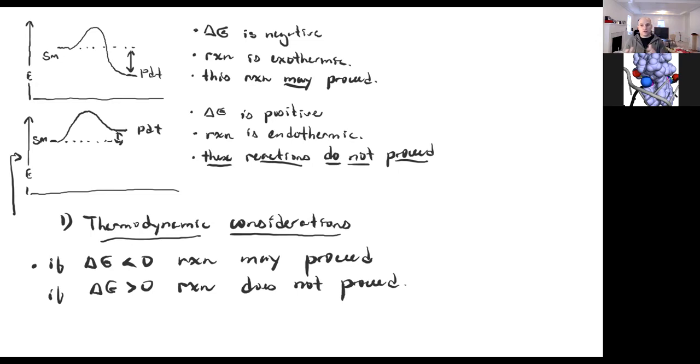The system is losing energy, okay? But the rates at which they turn over and convert to product are very different, okay? And those rates are what we call kinetics, and the kinetics are what comes in with these hump heights, okay?